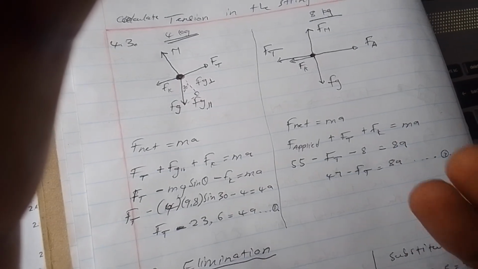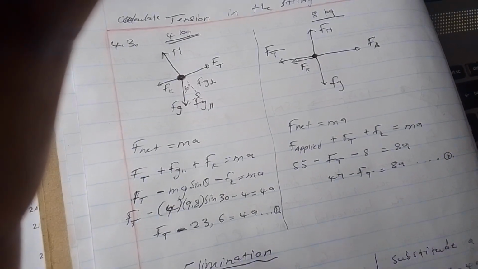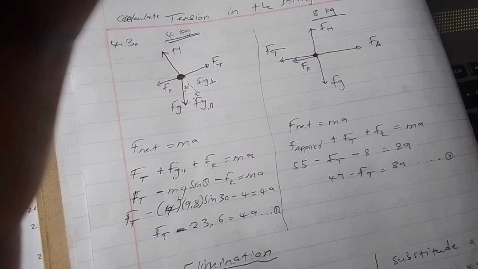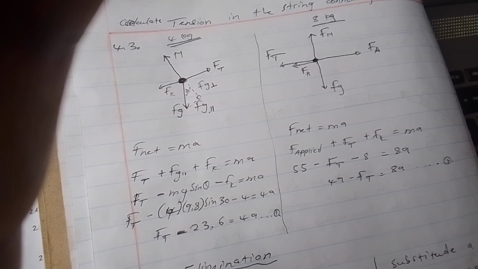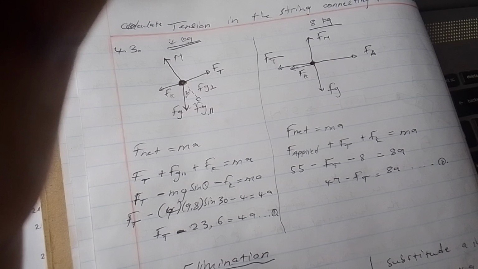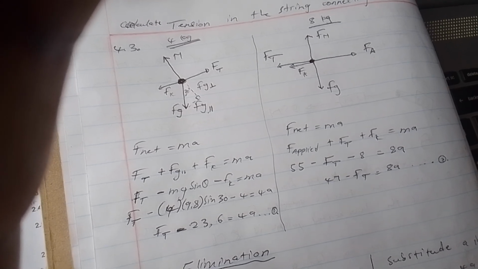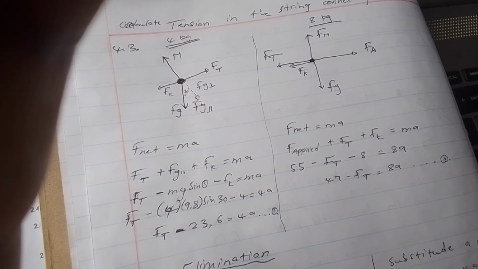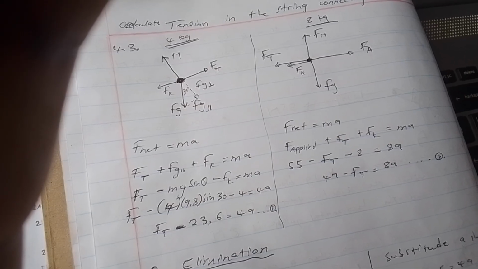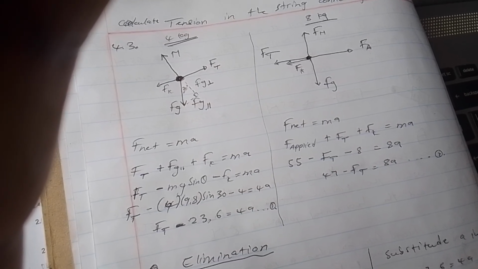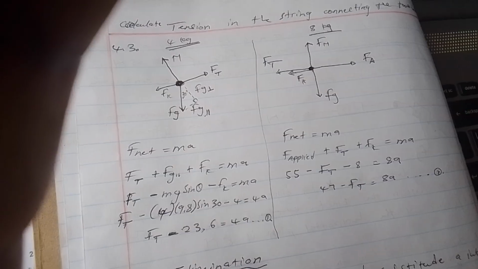I always tell the students to use the direction in which the system is going as positive. So then the forces that are opposing the motion will all be negatives. You understand?